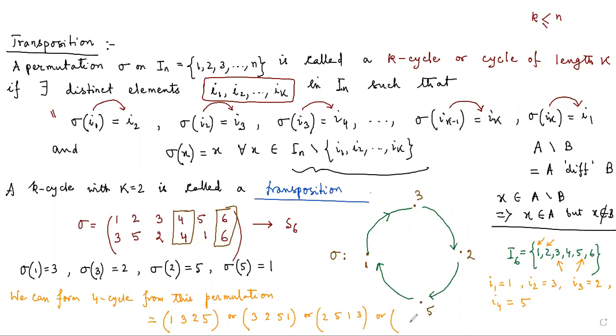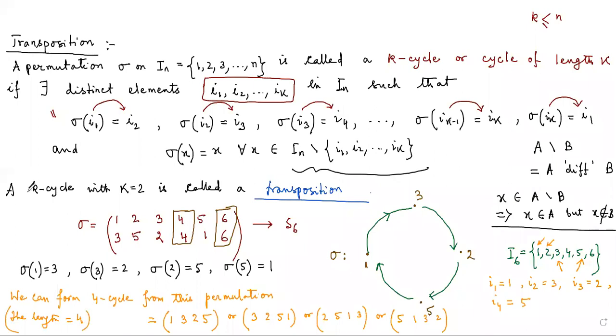And you can start counting from 5, so you will get 5, 1, 3, 2. All these are valid because you can form a cycle starting from any one of these elements. The length of the cycle is 4.